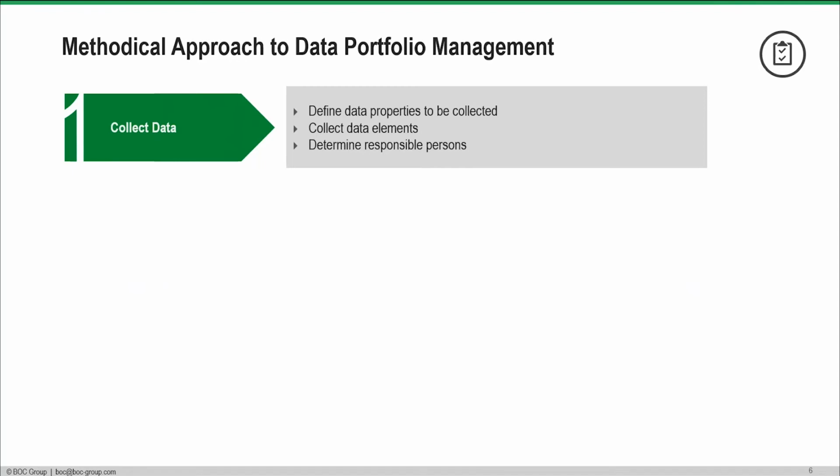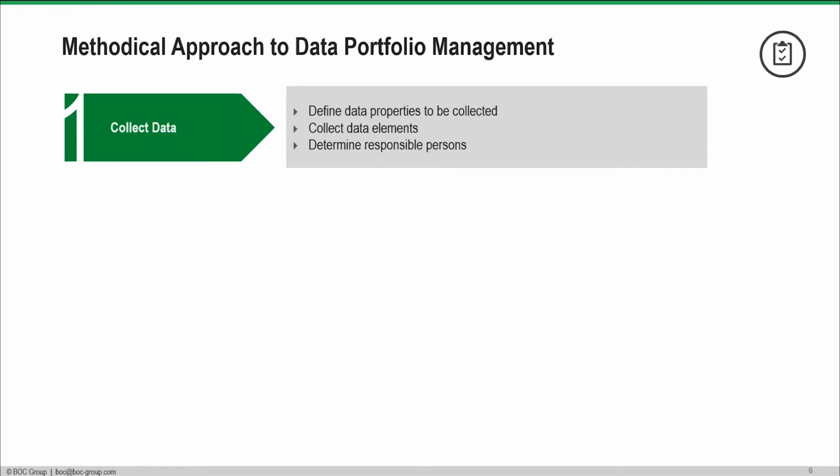The first step is to determine the appropriate level for capturing data and to define the set of properties with which the data needs to be described. The subsequent activity begins with the actual collection of the data itself. So very often a good starting point is the business process documentation, for example, or the capability maps from which the relevant data elements can actually be derived and sourced.